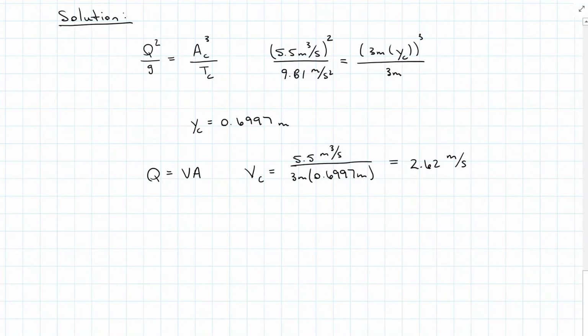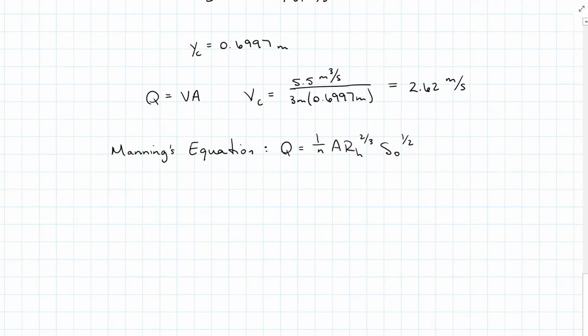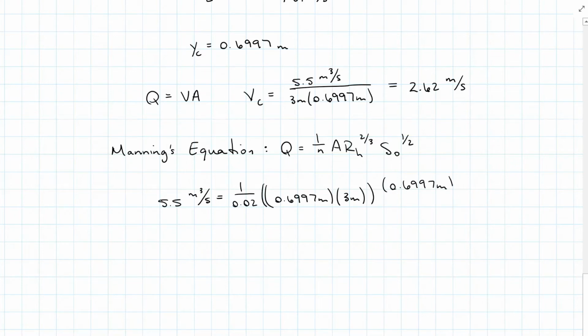Last, to get slope, we need Manning's equation. And Manning's equation for metric is the 1 over n, so that's going to be 5.5 meters cubed per second is equal to 1 over the given Manning's n of 0.02 times my area, 0.6997 meters times 3 meters, and my hydraulic radius, which is going to be my area all over my wetted perimeter, raised to the 2/3, and all this times slope to the 1/2.